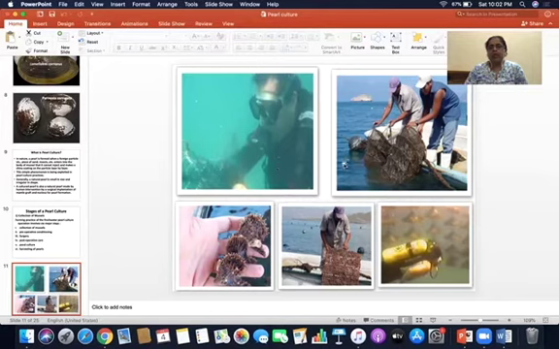We can see here that this is a picture of a deep sea diver looking for mollusks. Once these mollusks are caught, they are transported in nets that are made up of jute or nylon, and they are moved into the area for further processing.